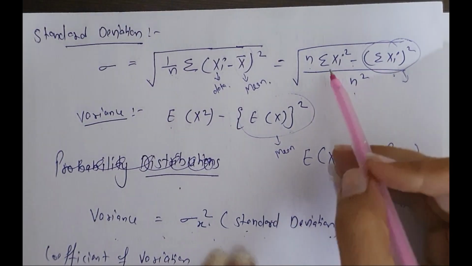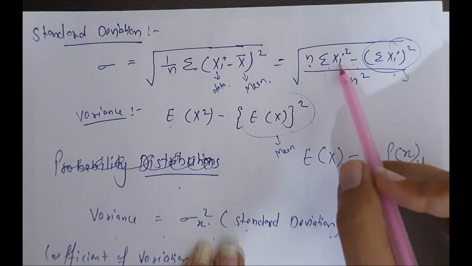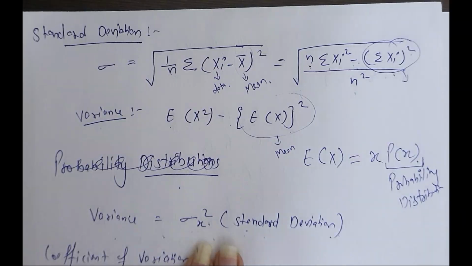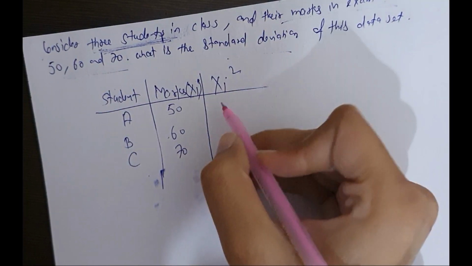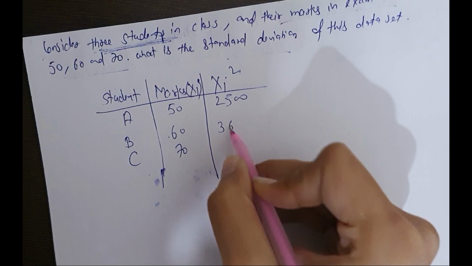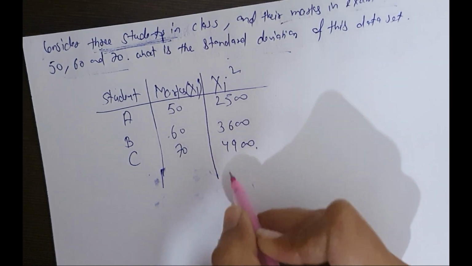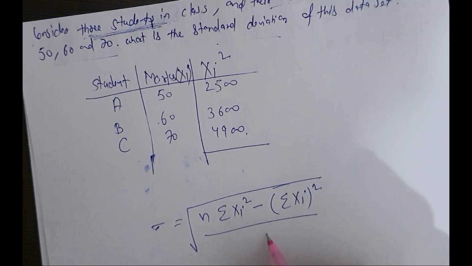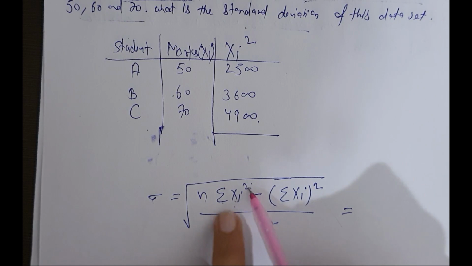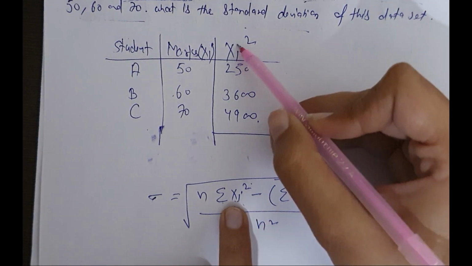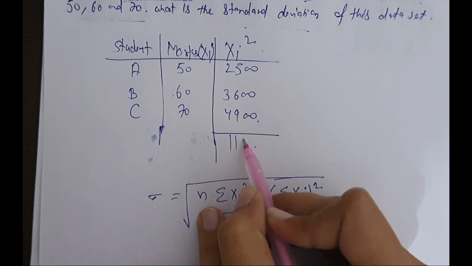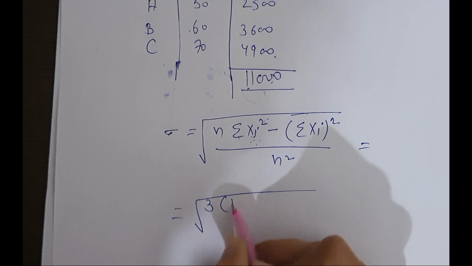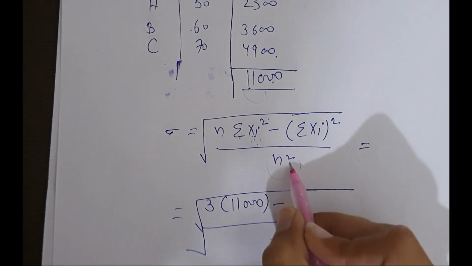How do we find standard deviation? That is root of n into summation of xi square minus summation of xi whole square upon n square. First of all, square this xi, that is 2500, 3600, 4900. Summation of xi square is this, adding gives 11,000. N is 3, so n square is 9.